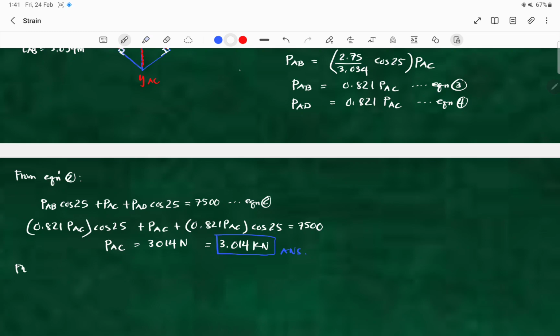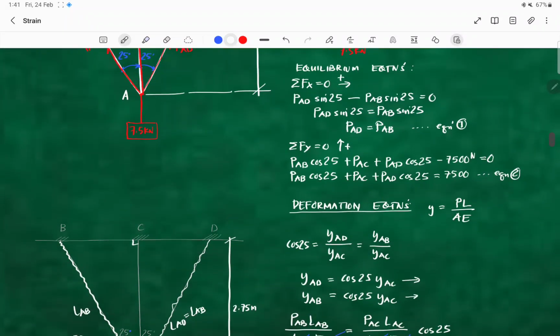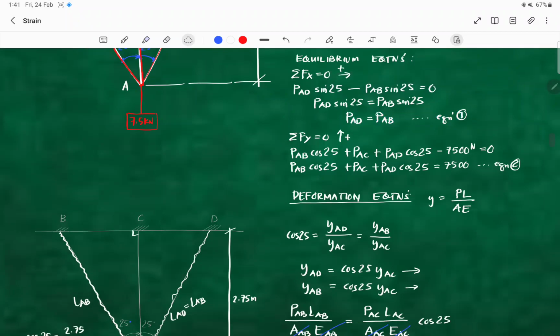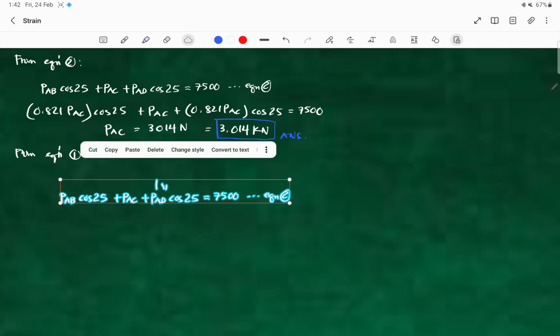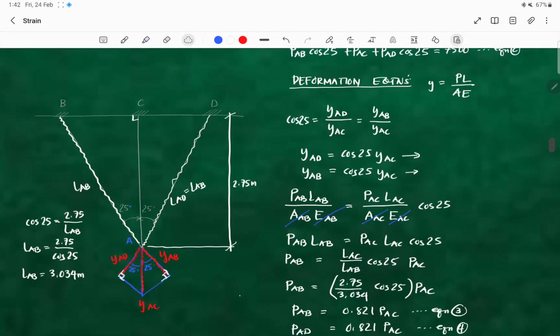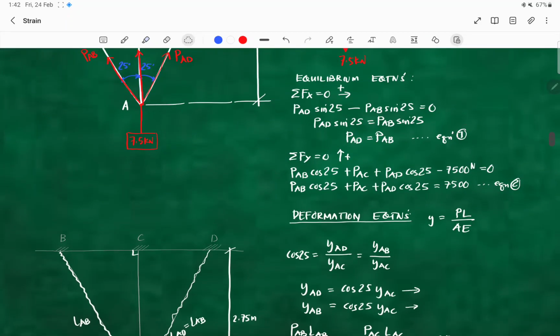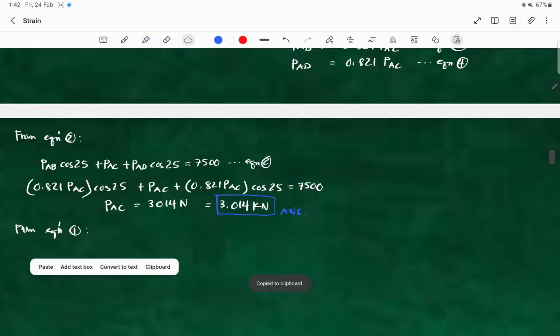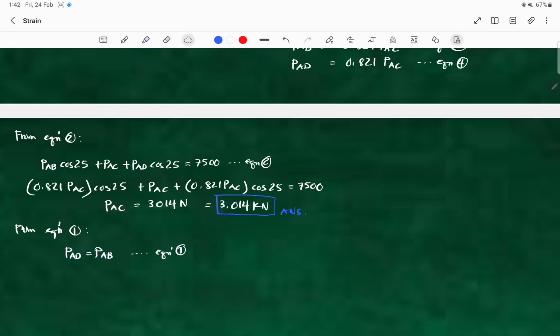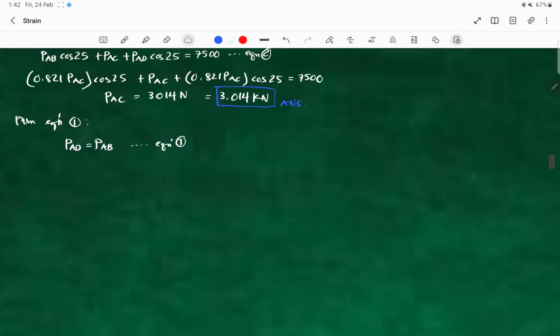From equation 1, yung ito. Pero yung dalawa, no? Copy. From equation 1, ito yan. Ayan. So, makikita natin na isa lang. So, force ED, which is equivalent to force EB, which is also obvious, no?